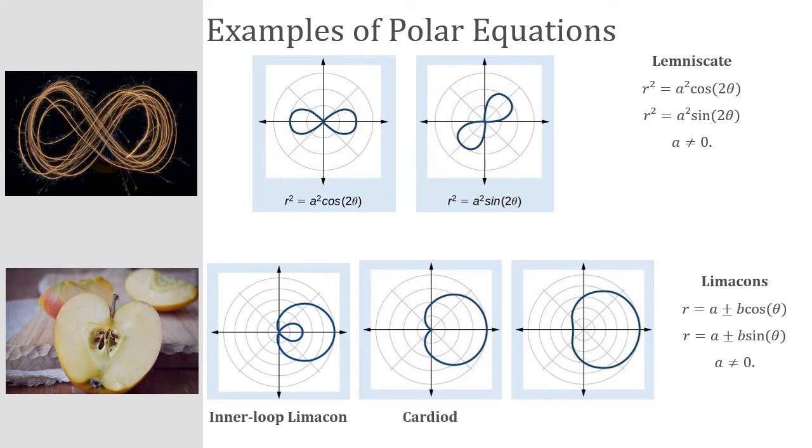There's one called a cardioid that looks like a heart. That's why it's called the cardioid. You know, think of cardiology as a heart doctor. Or there's one called a dimpled limacon. And you can see in this picture of the apple that it sort of looks like maybe a cardioid that's reflected from this picture.